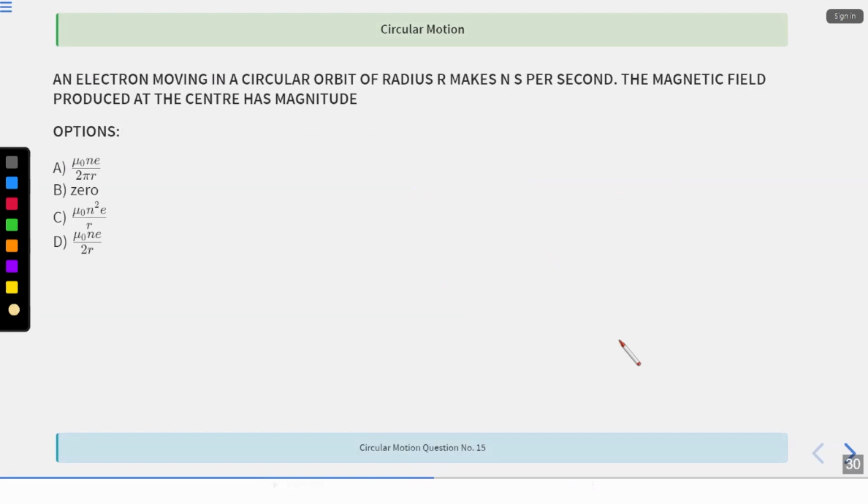An electron moving in a circular orbit, n revolutions per second. The magnetic field produced at the center has magnitude. Okay, so this is a mix of circular motion and magnetism.